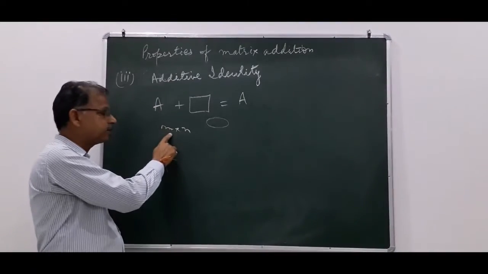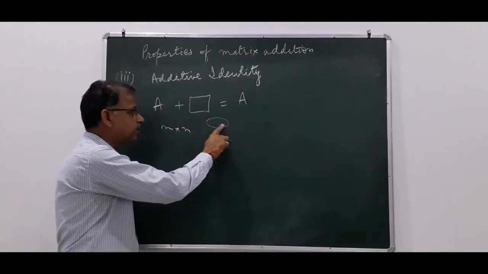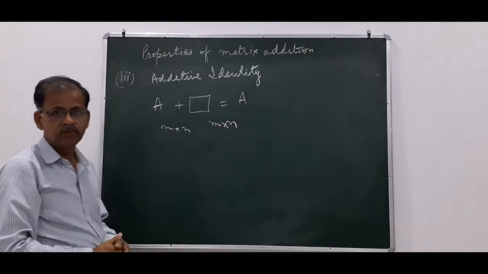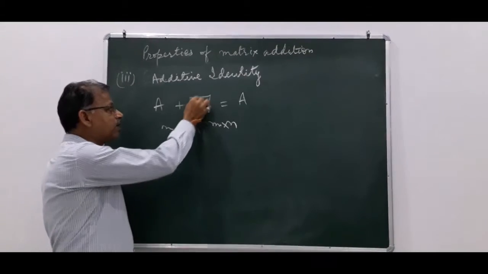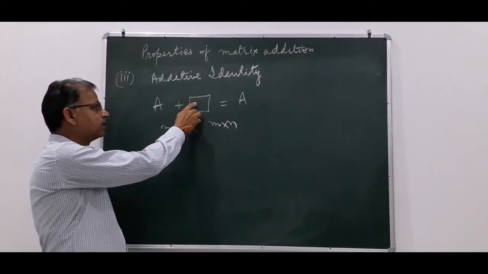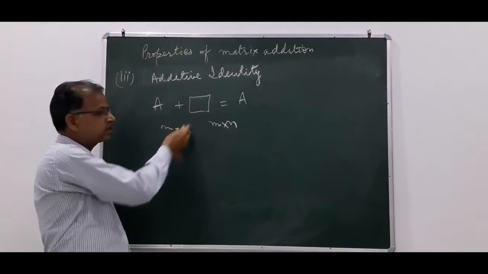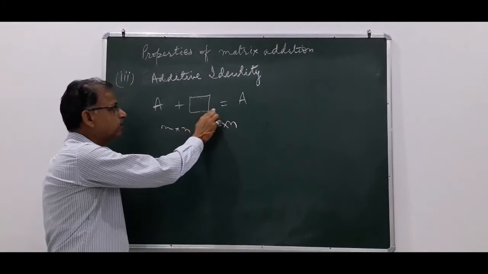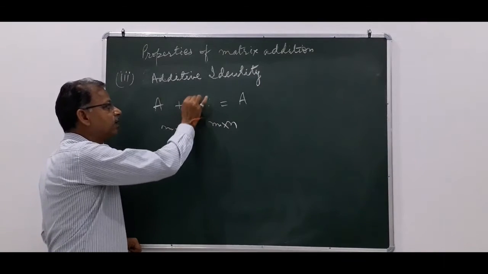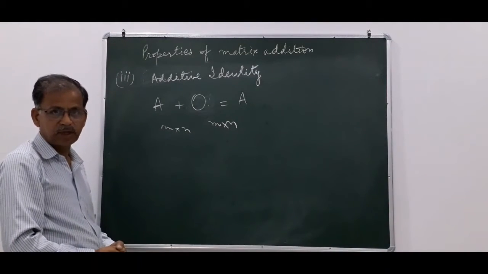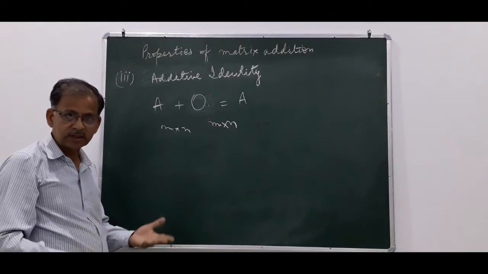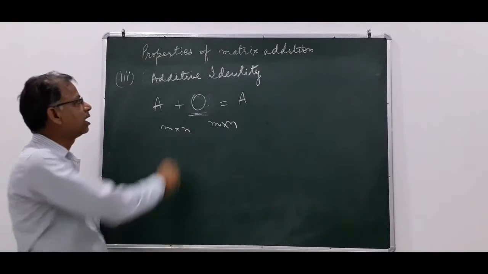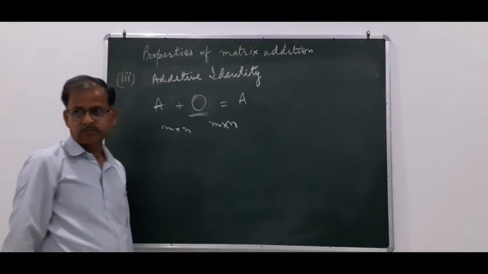If order of this matrix is m by n, it means order of the other matrix is m by n. Now, what about its elements? So that when we add these two matrices, the elements may be same. It means this must be null matrix. Null matrix means whose all elements are 0. Such type of matrix is known as additive identity.